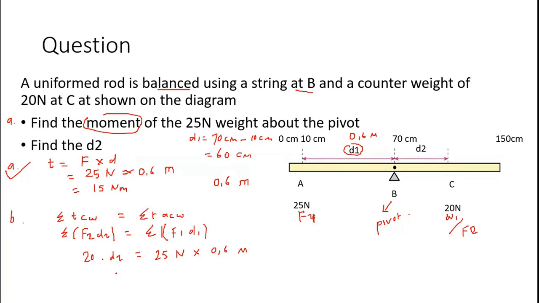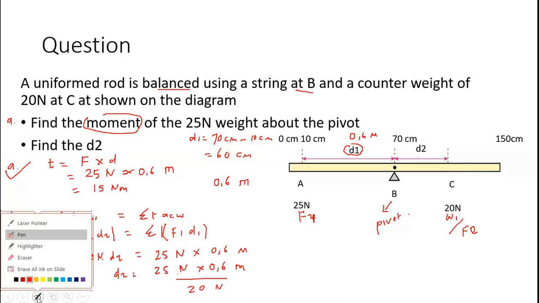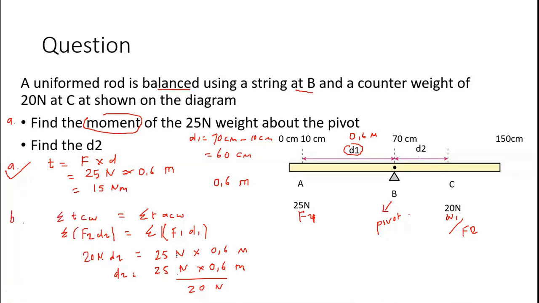So what is D2? 25 Newton times 0.6 meter divided by 20 Newton. We can cancel Newton. 25 divided by 20 is 5 over 4, and 0.6 is 3 over 5, so it should be 1.5 divided by 2.